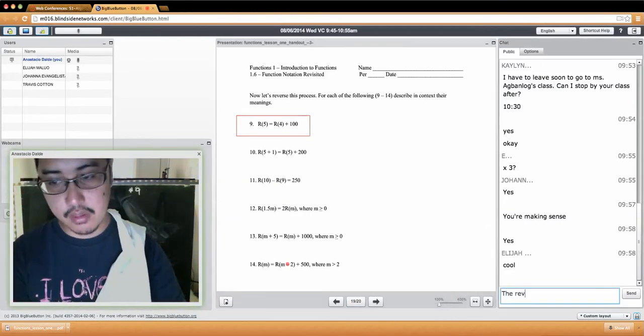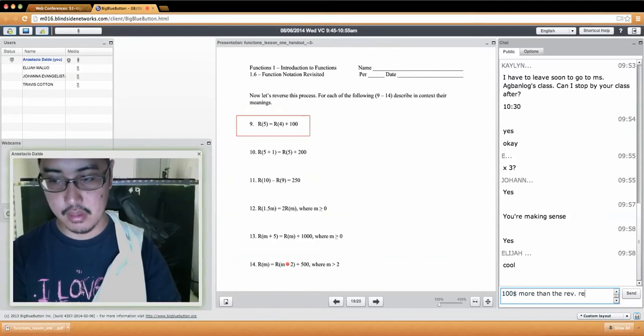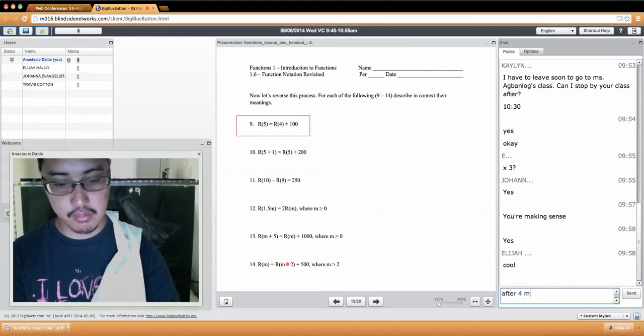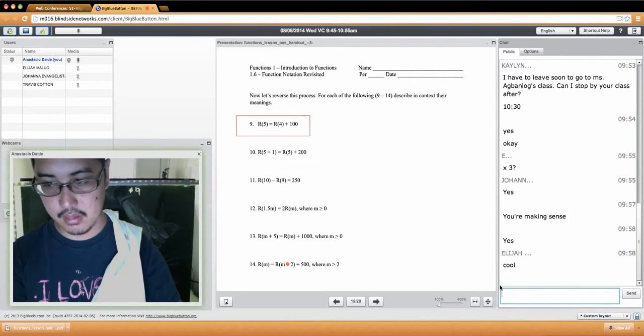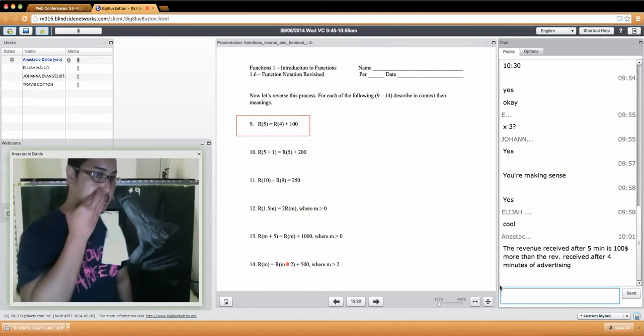The revenue received after 5 minutes is $100 more than the revenue received after 4 minutes of advertising. That's what I would write inside of that little box right there.